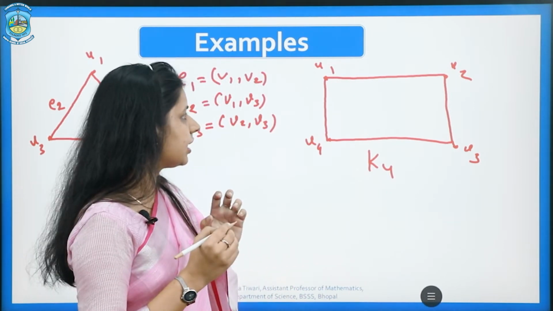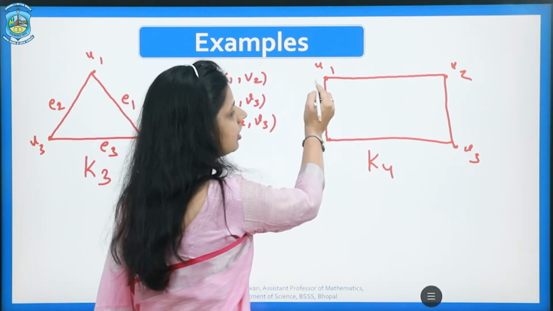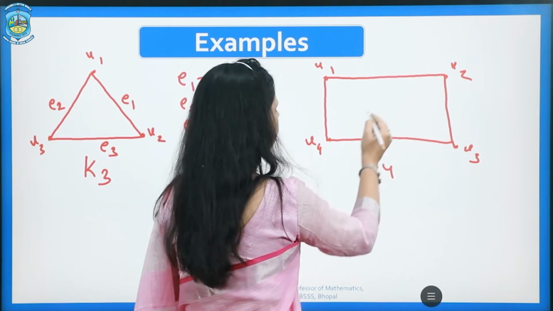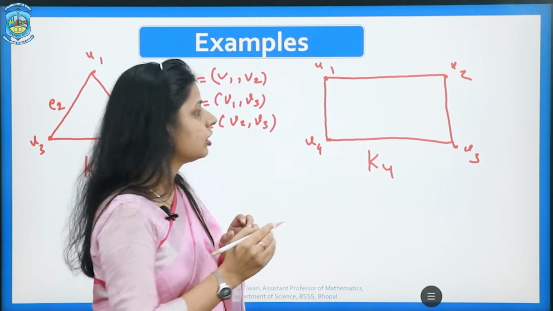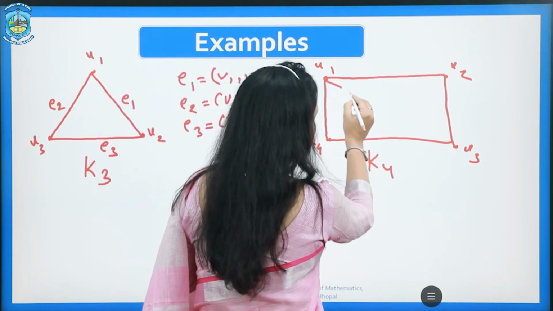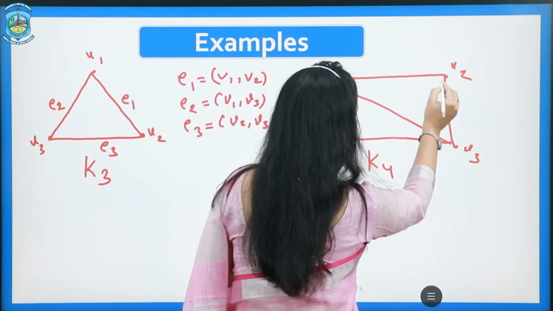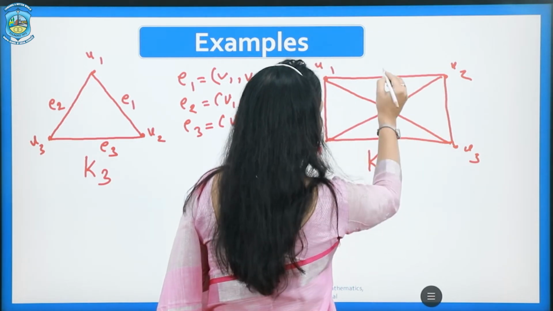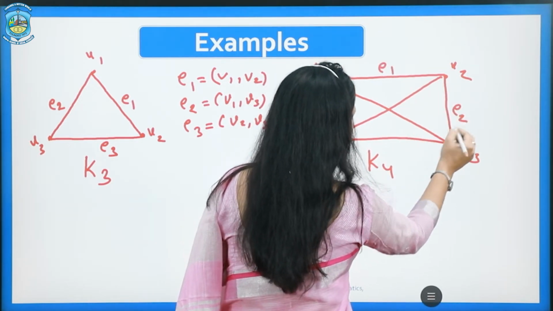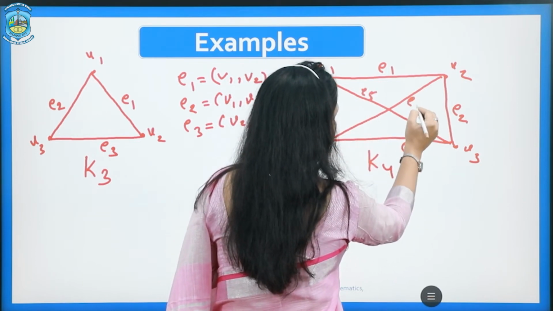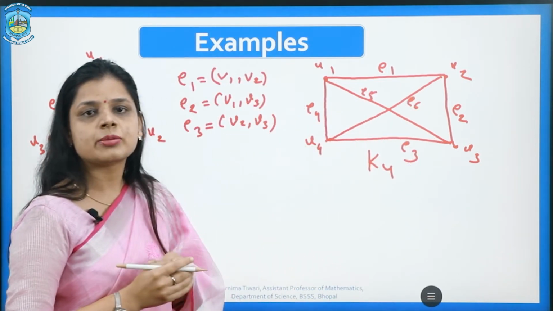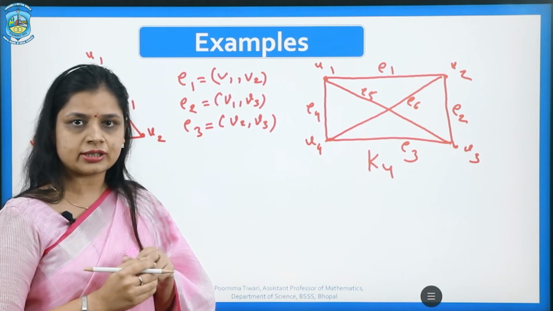Now you can see that there are 2 pairs, V1, V3 and V2, V4, which are not joined by an edge. So for the complete graph we have to join these 2 pairs. We may label the edges E1, E2, E3, E4, E5 and E6. So this is the complete graph of 4 vertices.